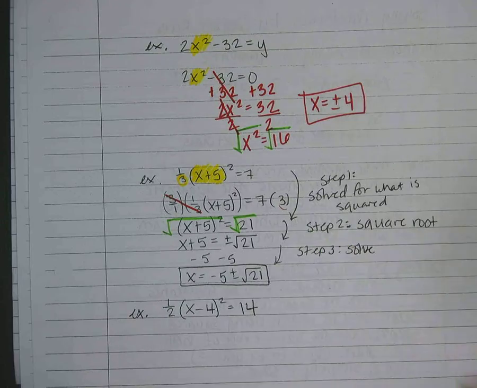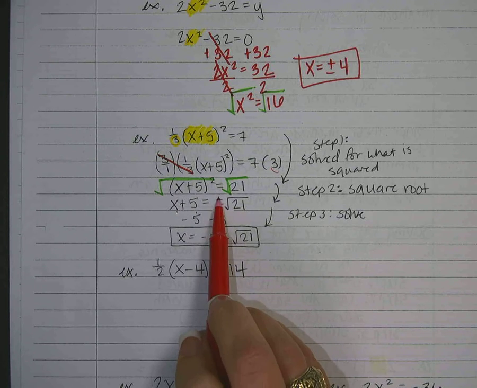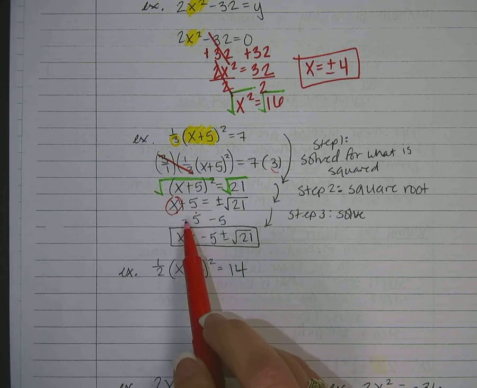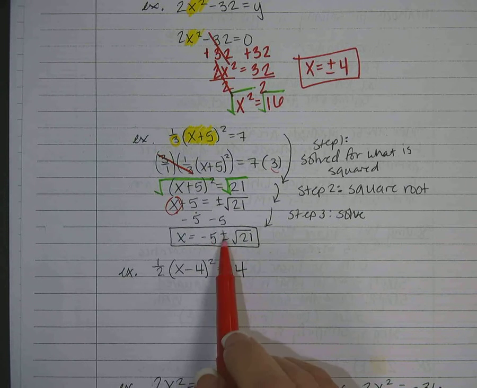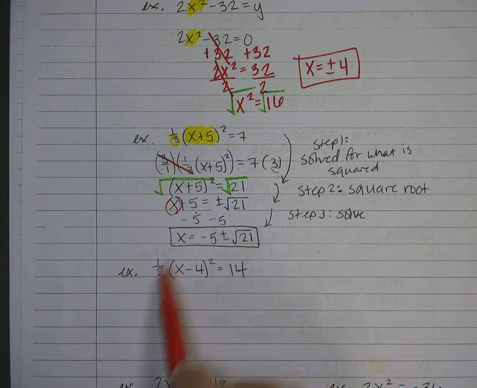Okay. So I get x plus 5 equals plus or minus the square root of 21. To solve for x now, I need to subtract 5 from both sides, and I'll get x equals negative 5 plus or minus the square root of 21. And that's my final answer.